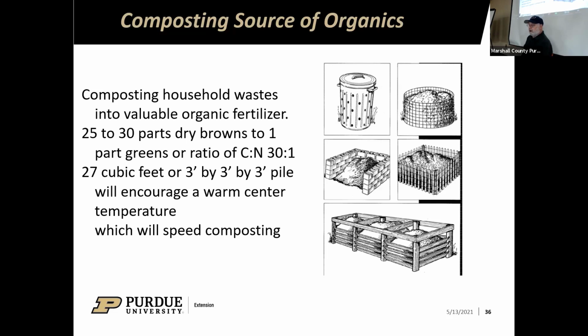If we're adding in garden waste that could be a source of seeds or diseases, we want to make sure it's at least 3 by 3 by 3, or about 27 cubic feet. That will encourage that warmer situation, which will speed composting.